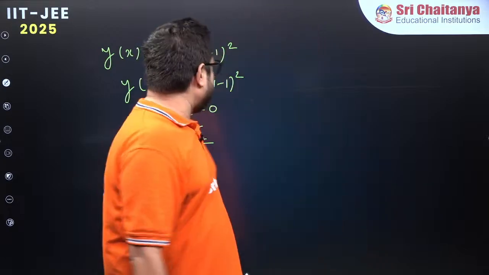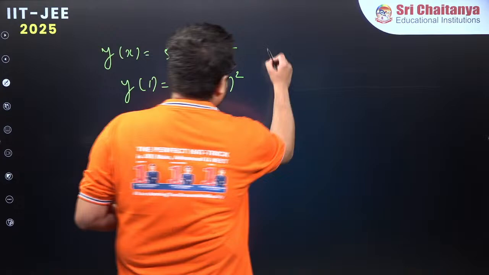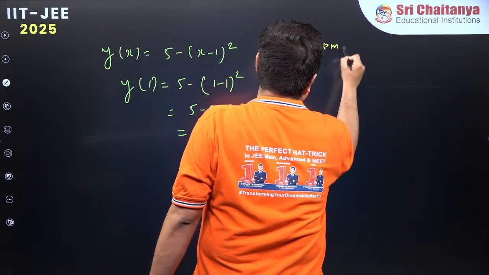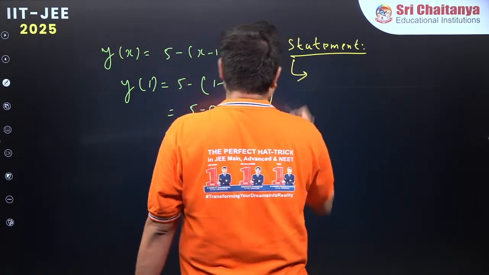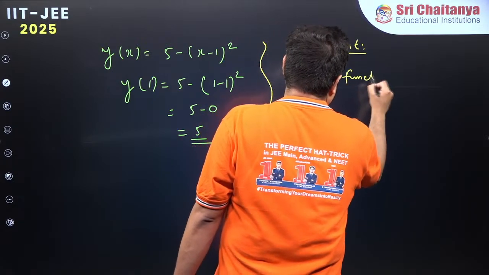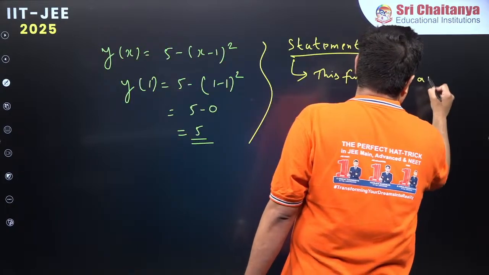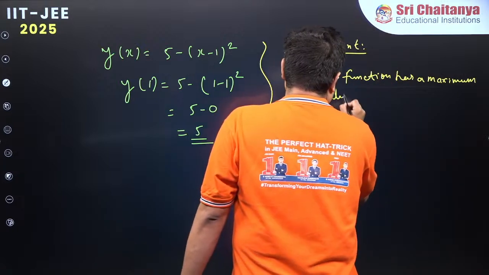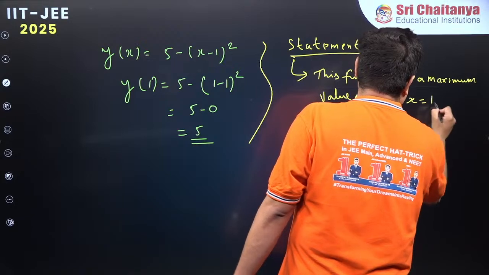Okay, so now I can write it down over there. So what's going to be the statement? Let's try to write down the statement. You also write down the statement, everyone. The statement which I am asking you to write it down is: this function has a maximum value of 5 at x is equals to 1.